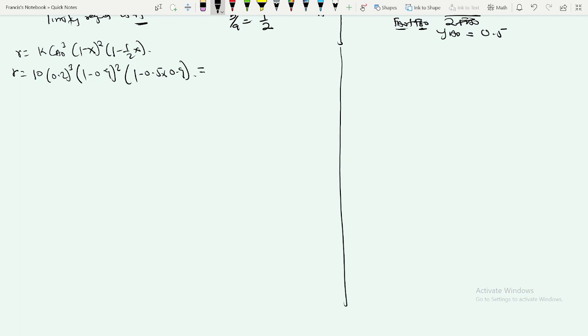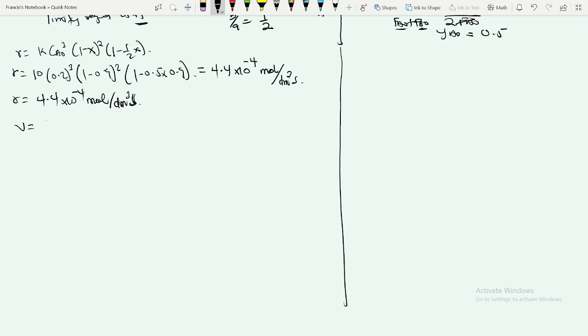We get our rate to be 4.4 times 10 to the power negative 4 mole per dm cube second.